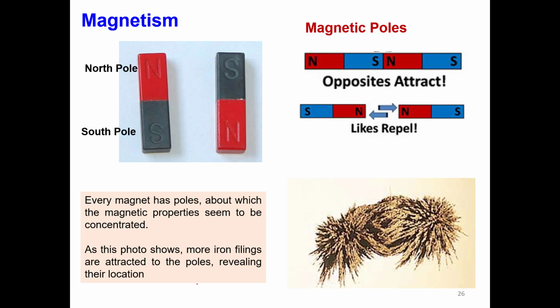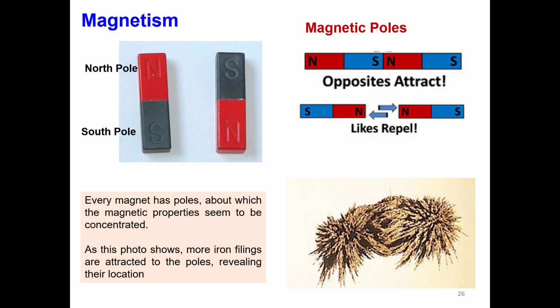The last thing we want to discuss in this chapter is a few concepts about magnetism. Magnetism and electricity have some similar features. In the same way we have positive charge and negative charge in electricity, in magnetism we have magnets that have a North Pole and a South Pole.